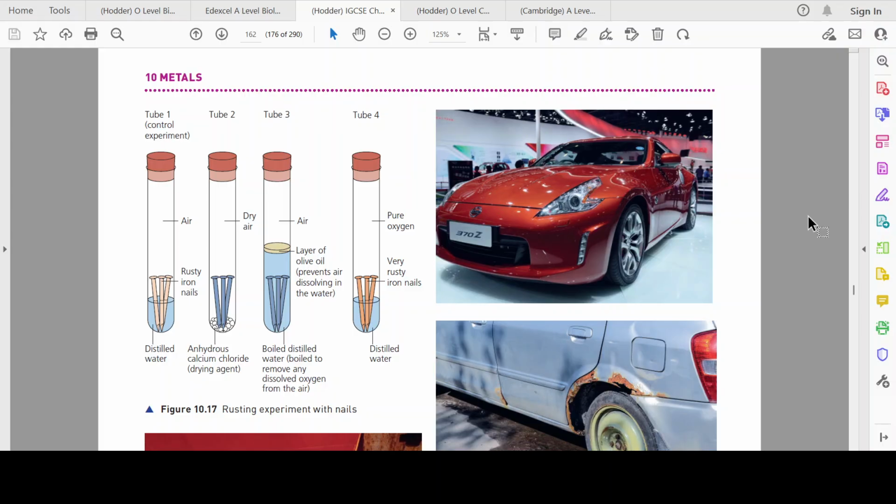Pure oxygen is used as a treatment in some cases, but if you live in a pure oxygen environment, long-term use will actually end up causing you harm. So you don't want pure oxygen in the air.